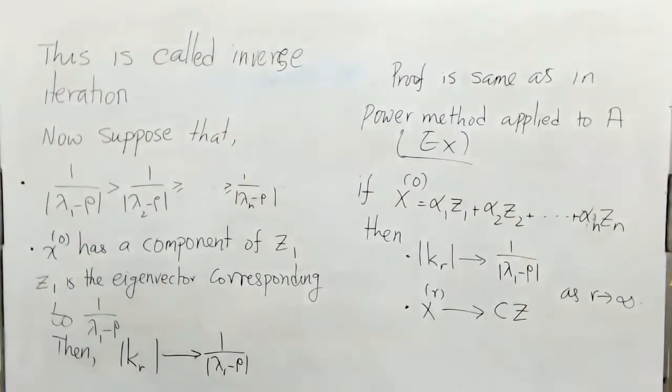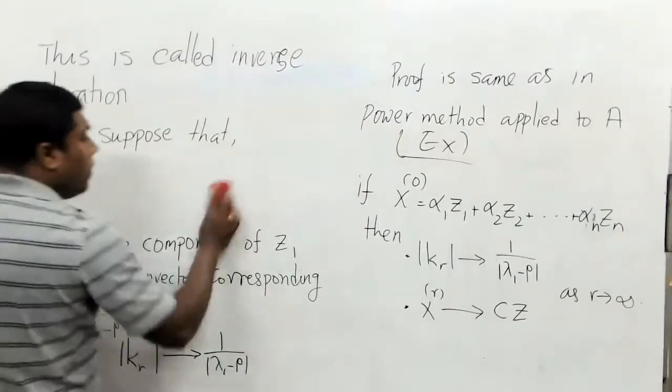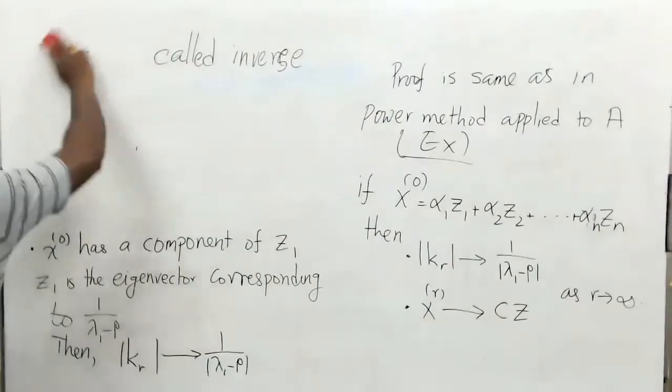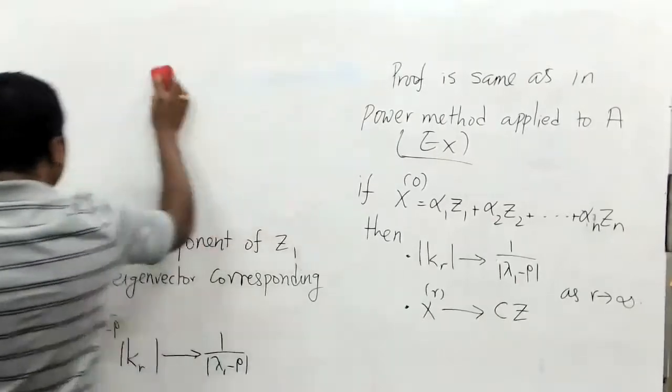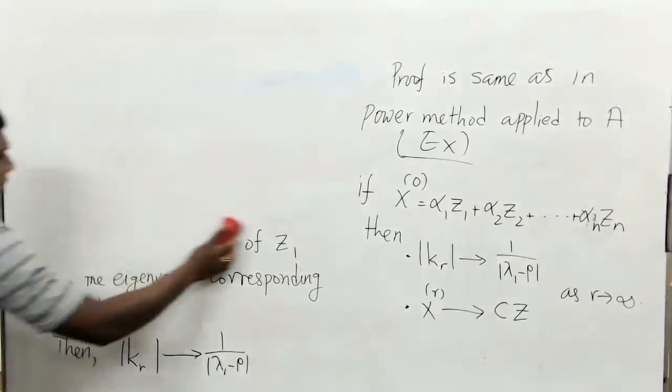So what is the use of this? Why do we need to do this? The following manipulation shows you the usage or importance of this inverse iteration.